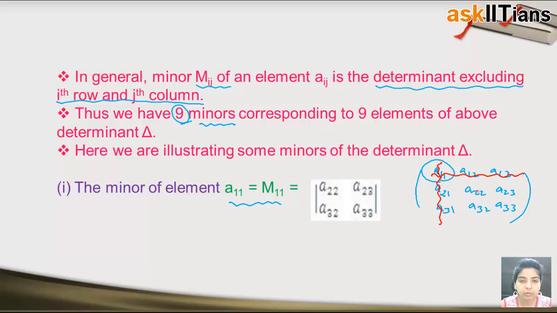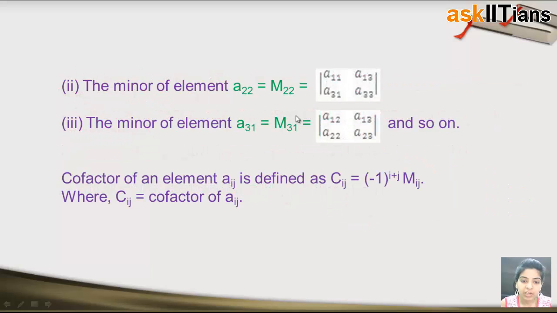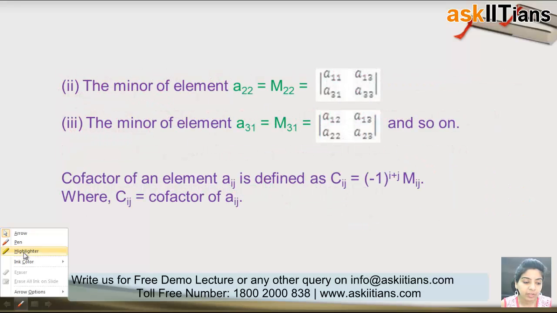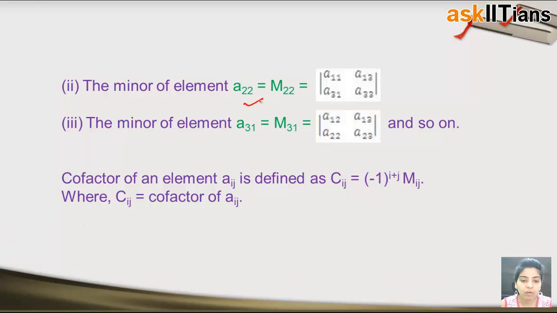So the determinant of the remaining portion, a22, a23, a32, a33, is the minor corresponding to a11 and is denoted as M11. Similarly, you can find out the various other minors, like those of a22, a31 and so on.